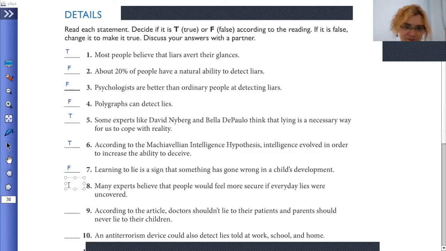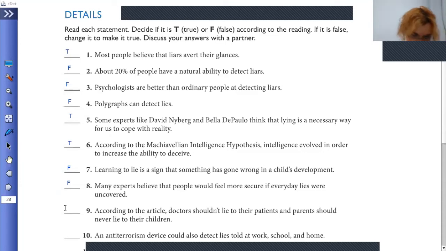Now it's actually false. Because actually, a lot of people would prefer to have some lies covered up. Yes, secure. Sorry, they don't want everything to be known. Okay, thank you, Kensuke.